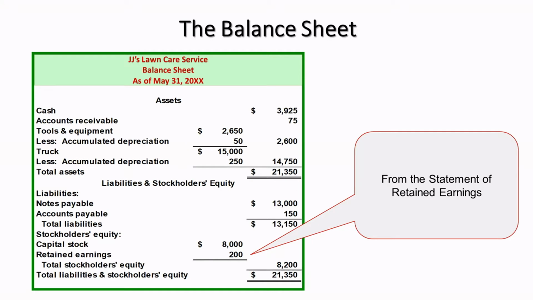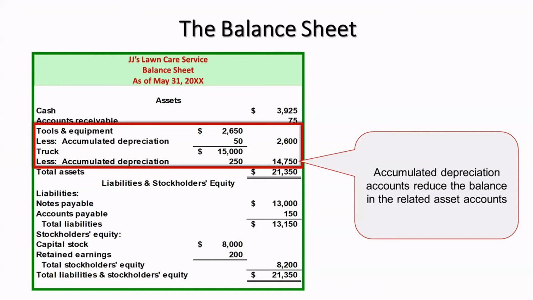The balances of the assets and liabilities accounts are taken directly from the adjusted trial balance. The amount of retained earnings at the end of the period is taken from the statement of retained earnings we just prepared. Note that the contra-asset accounts, accumulated depreciation tools and equipment, and accumulated depreciation truck, reduce the balance in the related asset accounts.